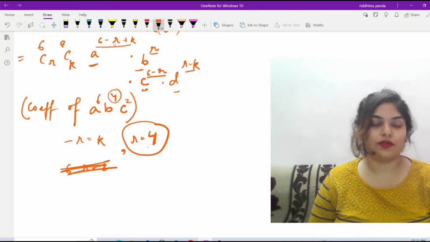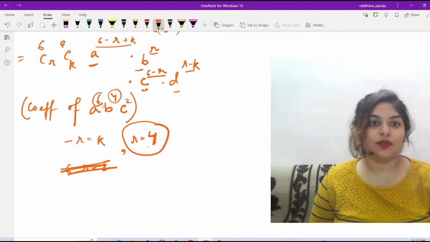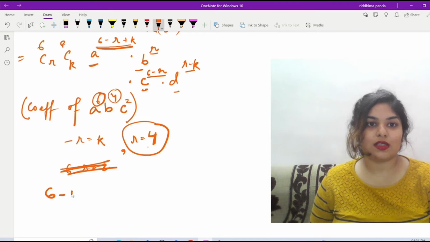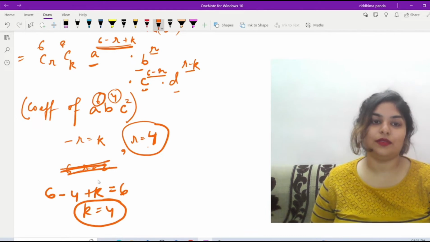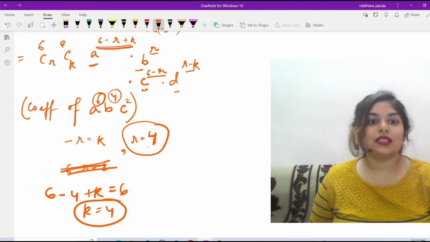If R is 4, then for a to the power 6 we have 6 minus 4 plus K equal to 6. So K is equal to 4. So that means R is equal to 4 and K is also 4.